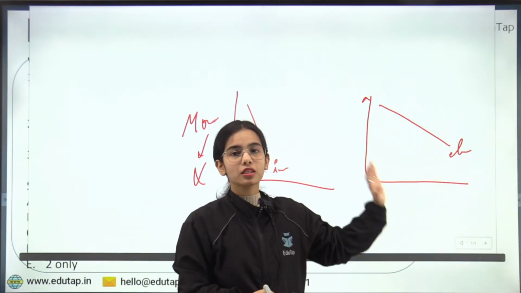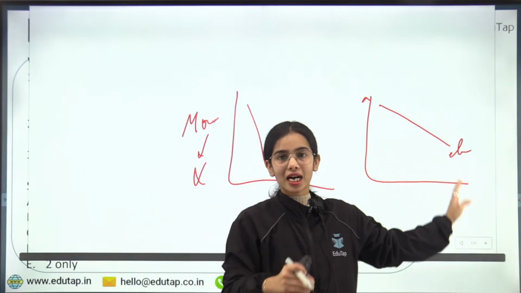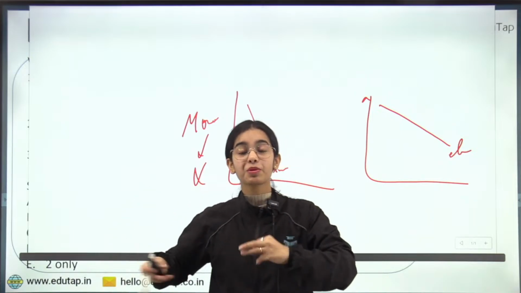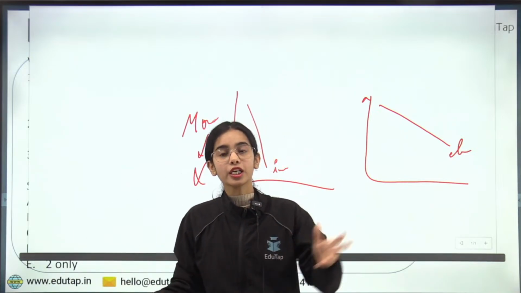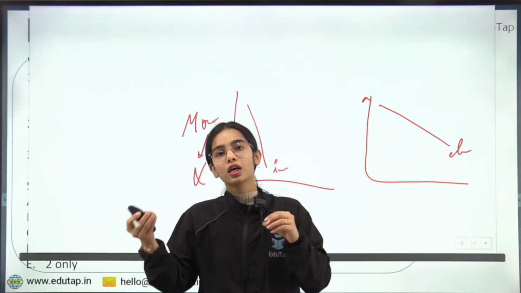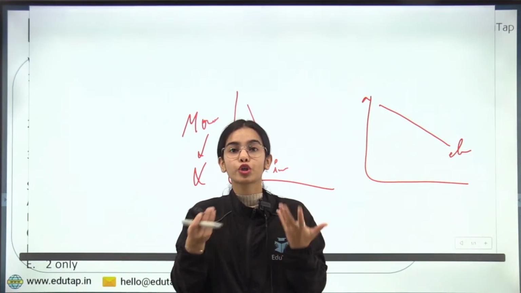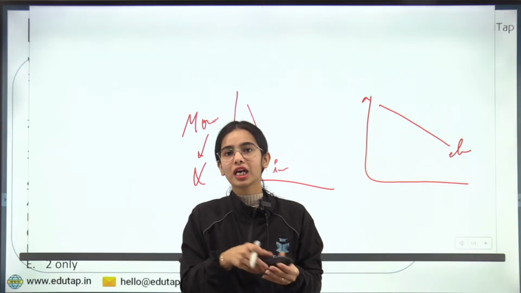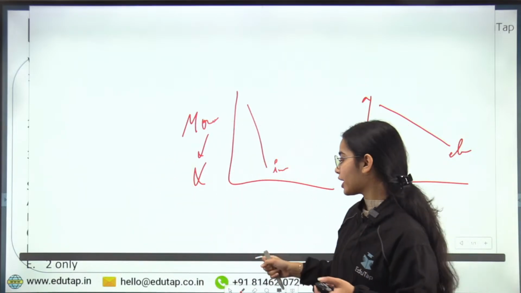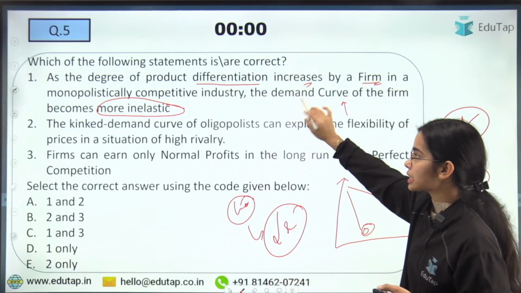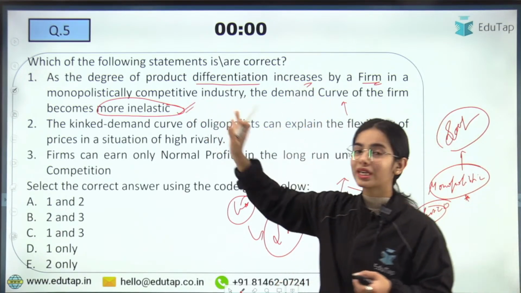So as Lux is preparing a new product that is very unique, they are bringing themselves near to the monopoly, reaching towards a monopoly kind of situation in that new product. So as the degree of product differentiation increases, the demand curve becomes more inelastic.